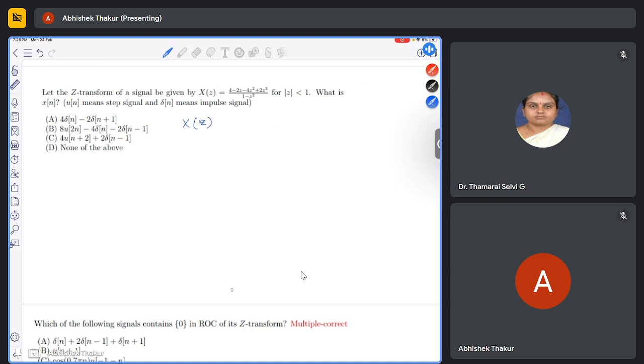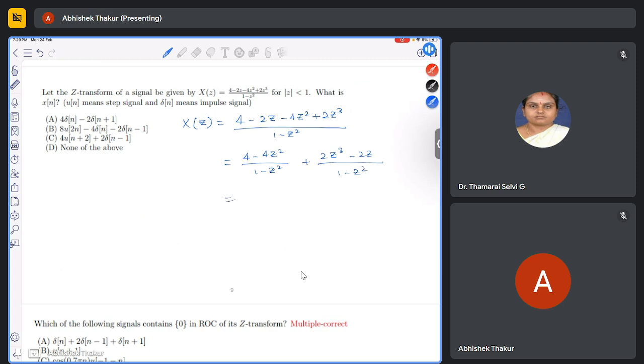So X(z) is given as (4 - 2z - 4z^2 + 2z^3) divided by (1 - z^2). So this we can write as (4 - 4z^2) divided by (1 - z^2) plus (2z^3 - 2z) divided by (1 - z^2). We have just divided it into two parts.